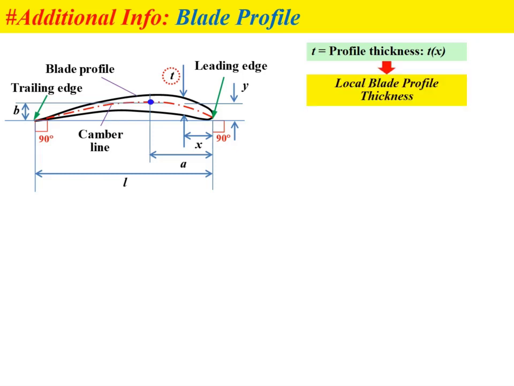We consider this the local blade profile thickness, which means at different X distances we will have different values of blade thickness T.